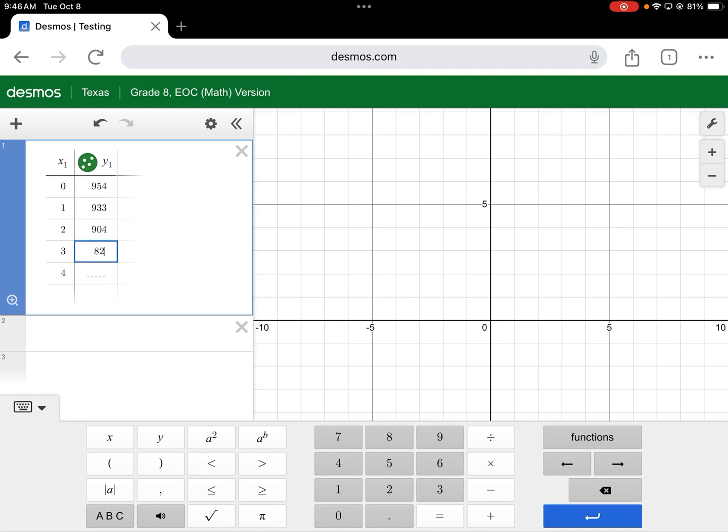Are you putting these in? 820 and 826. Did you put them in? Put them in. Make sure you have it put in.